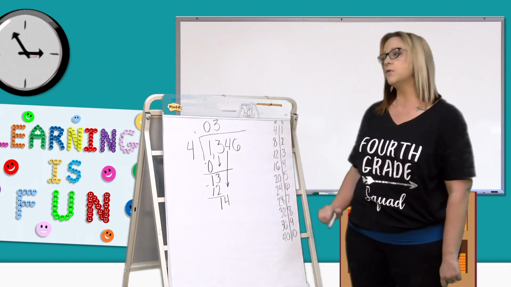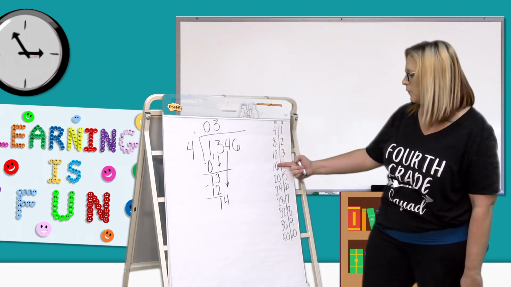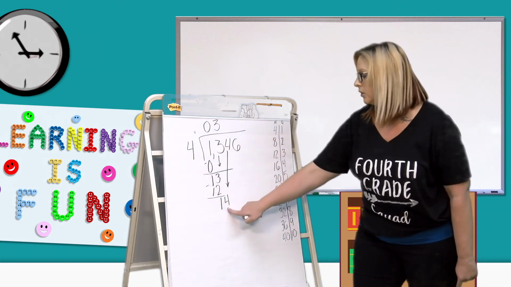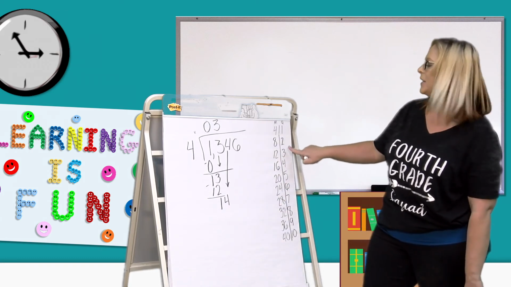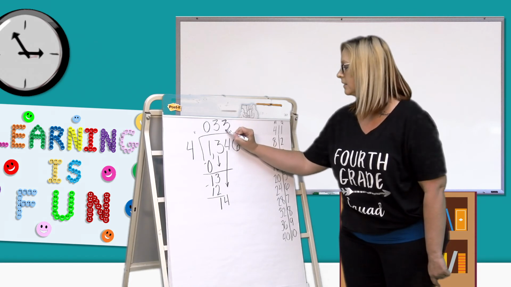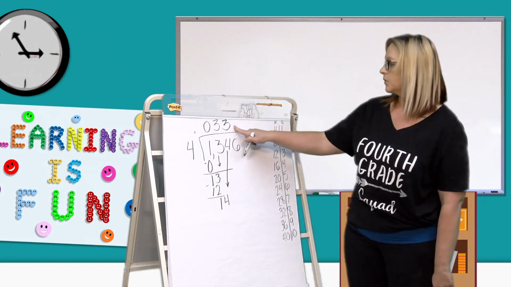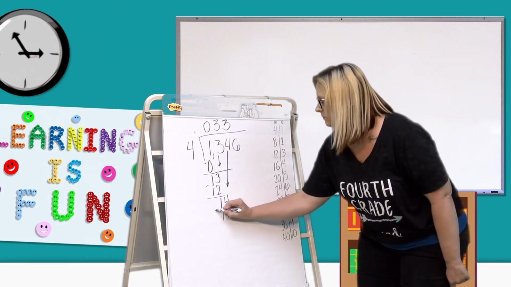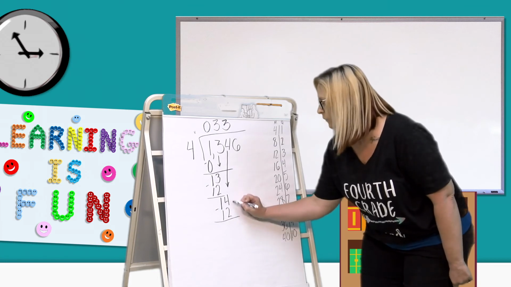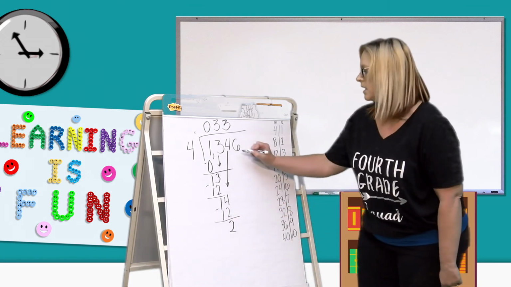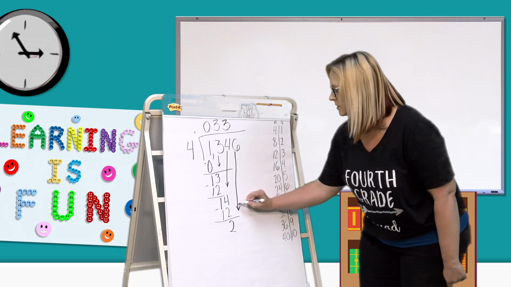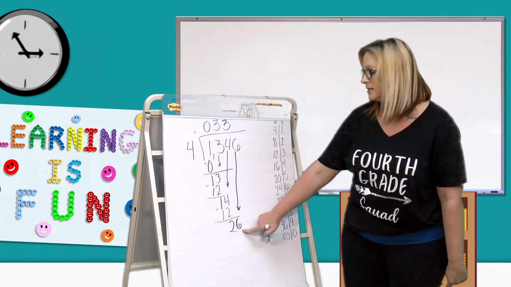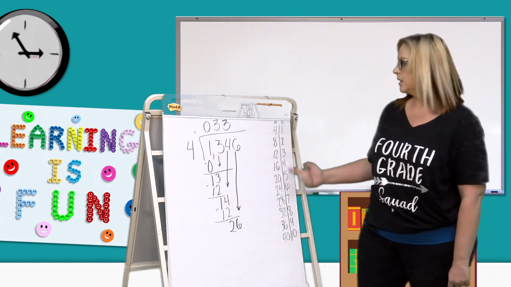14 divided by 4. 16's too big, so we're back at that 12. 4 can go into 14 3 times. So that goes in our quotient. 3 times 4 is 12. We subtract 14 minus 12, and we bring down that next digit in our dividend. And we start the process all over. 26 divided by 4. We look at our multiples.